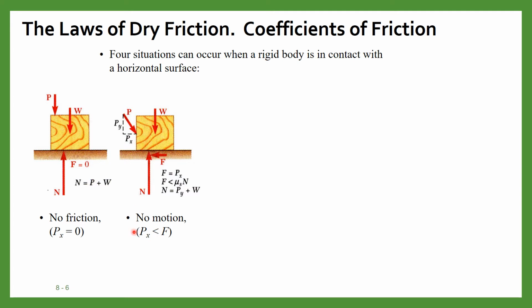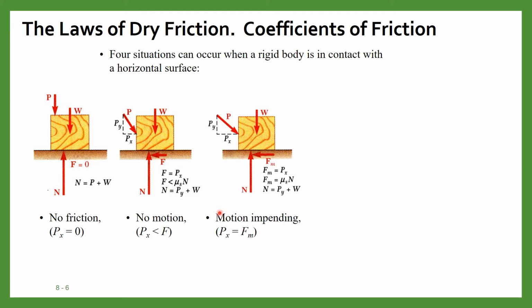Suppose there is no motion, then Px will be equal to F, and F is less than mu s N. Now N is equal to Py plus W, because this one component will act with W to counter this N. So N will be equal to Py plus W.